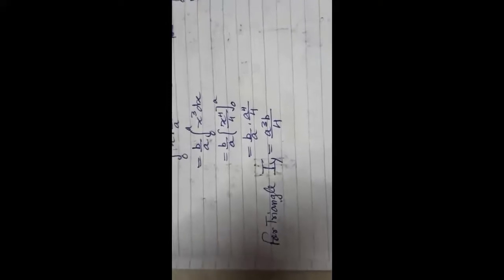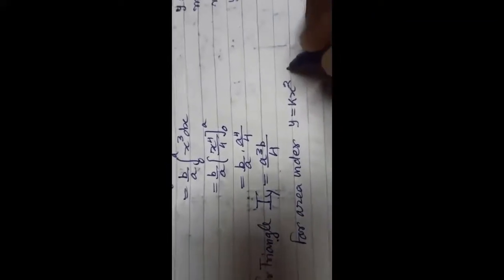Now earlier we have calculated Iy for the area under y = kx². Suppose the area under this curve is 2 and the triangle is 1.